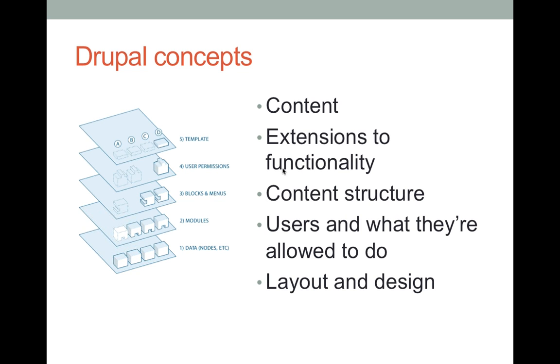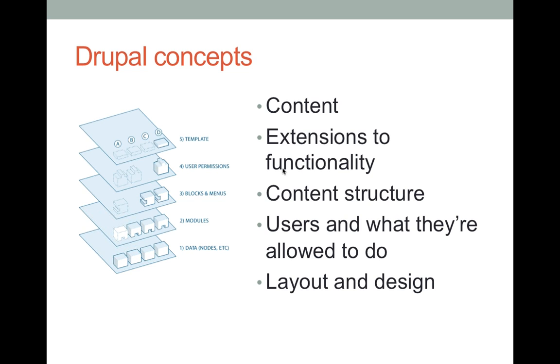Blocks and menus, number 3 on that diagram, can be considered structure. Menus, I guess everyone probably understands what a menu is, of where items exist in the structure of the site. Blocks are defined areas, so left-hand panels, right-hand panels, top panels, bottom panels, etc. User permissions is what we let people do, and Drupal is very good at its user permissions, and we will have a look at a little bit of that later.